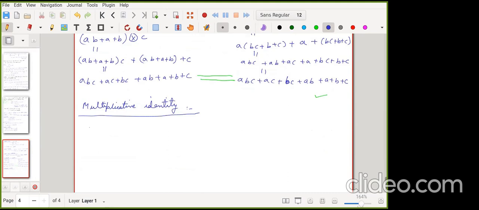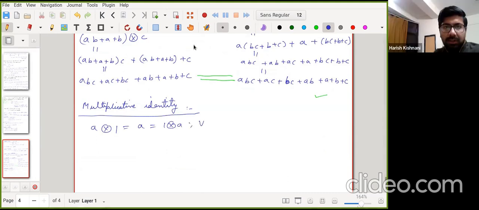So we'll just see how it is coming out to be 0. For multiplicative identity, what you need is that A multiplied with the identity is going to be A again, and that is the same as 1 multiplied with A, and that should happen for, I should not write 1 here because that's a notation for the unit in the original ring.